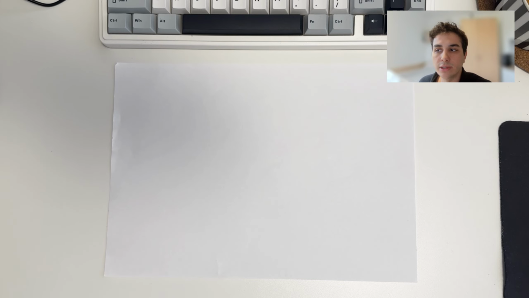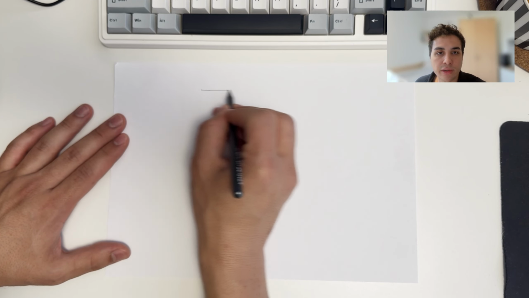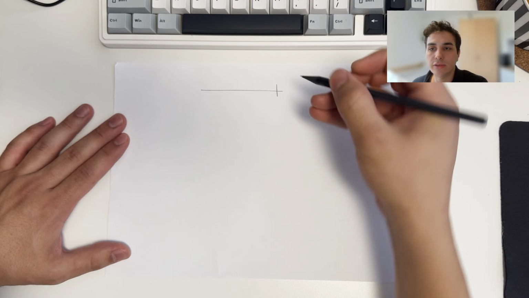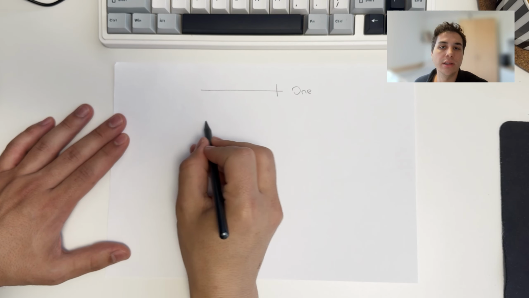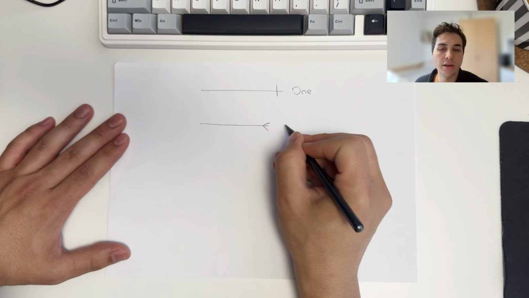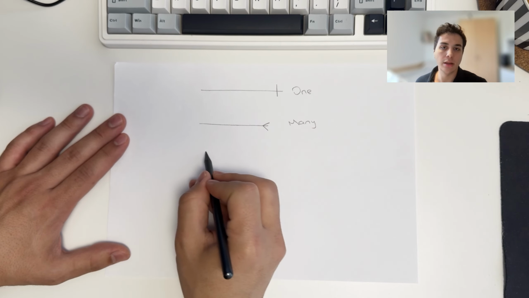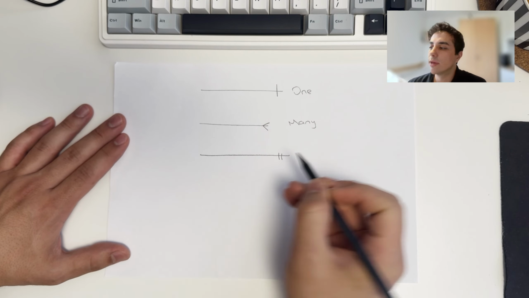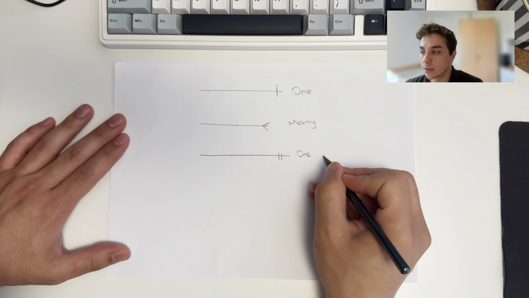Before we dive into the example, let's quickly understand the cardinality notation we will use in ER diagrams. First, we have a line with another line, which means one. We have a line with a crow's foot at the end, which means many. We have a line, which means one and only one.